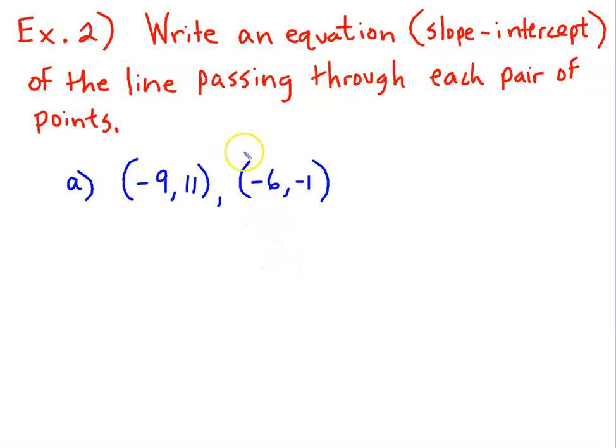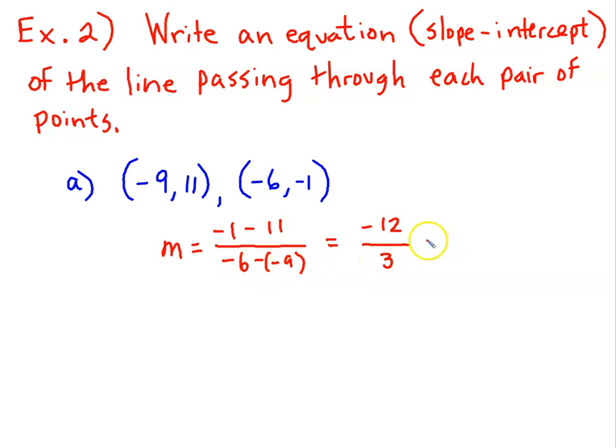Okay, here's another example of a problem where we are not given the slope. We're given 2 points on a line, so we're going to have to find the slope by using our slope formula. So that means y2 minus y1 over x2 minus x1, and -1 minus 11 is -12, -6 plus 9 is 3, and slope is -4.